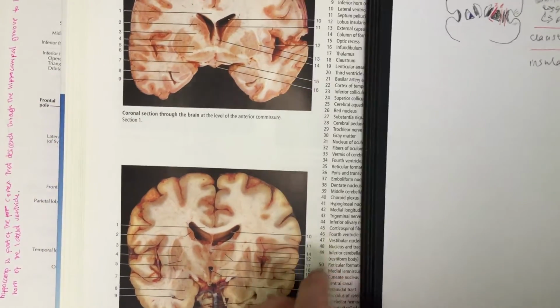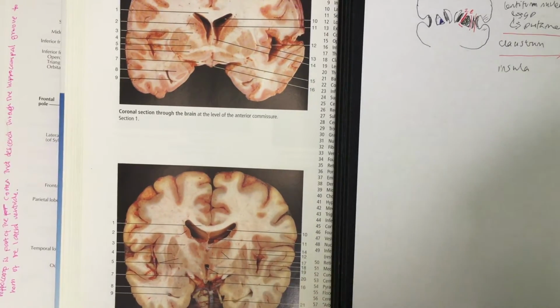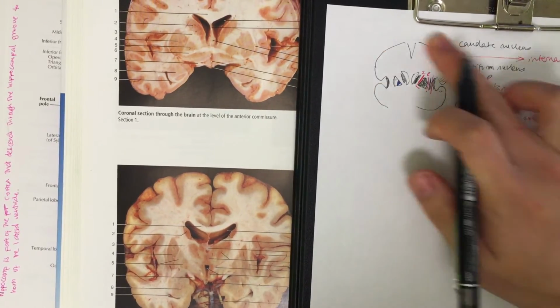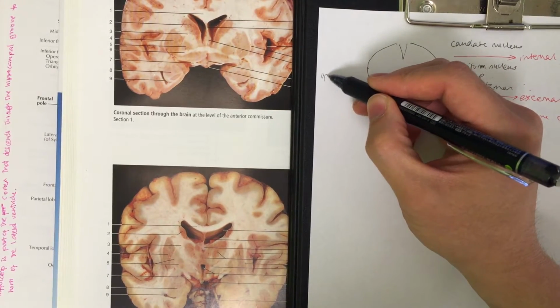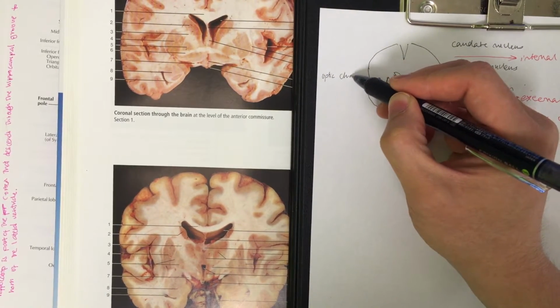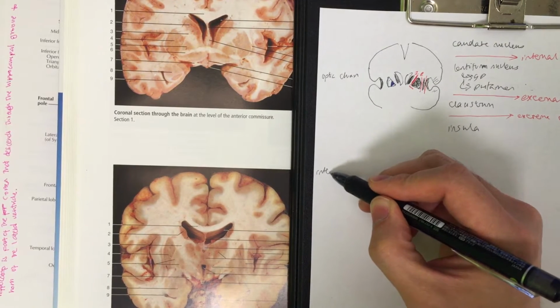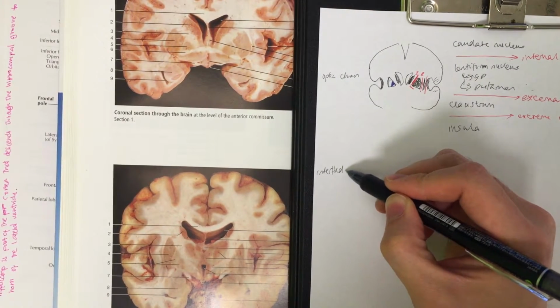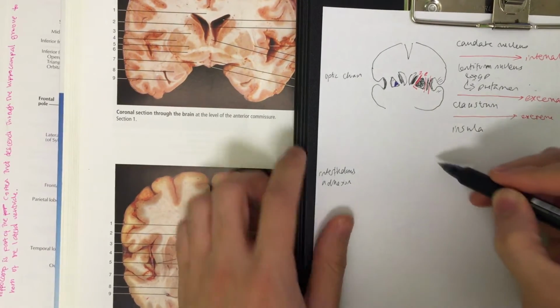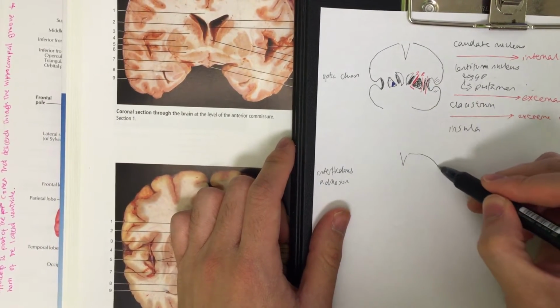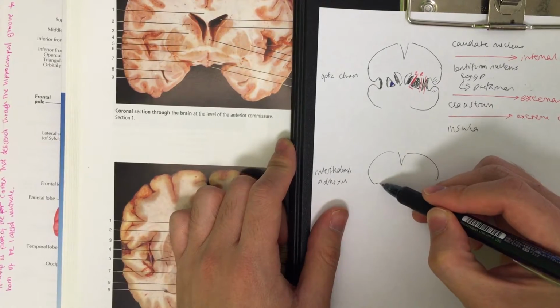So why am I bringing this up? This was at the level of the optic chiasm, and this one's going to be the interthalamic adhesion. If I draw the same picture, it'll look slightly different.